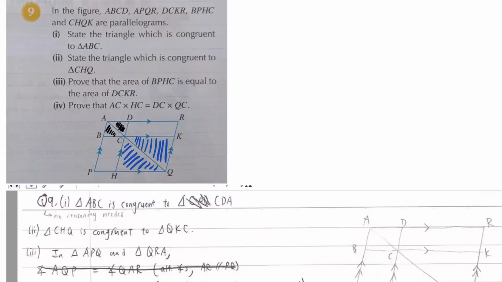Triangles. We only know that they have equal area if they are congruent. We only have theory involving congruent triangles. But here suddenly it's a parallelogram. We don't have any SSS, SAS, AAS, and RHS. Those rules only apply to triangles. These are parallelograms. Then how do we prove it?